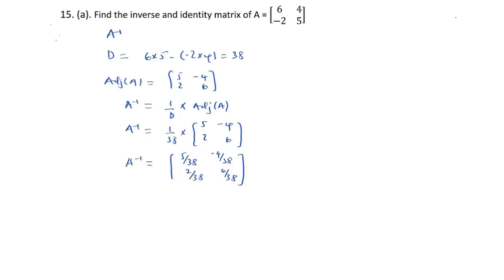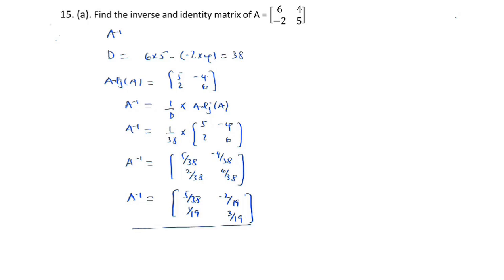Let us now simplify the elements. We are going to have A inverse equals 5 over 38, 1 over 19, -2 over 19, and 3 over 19. And this is the required matrix.